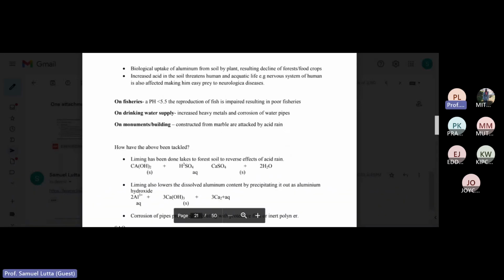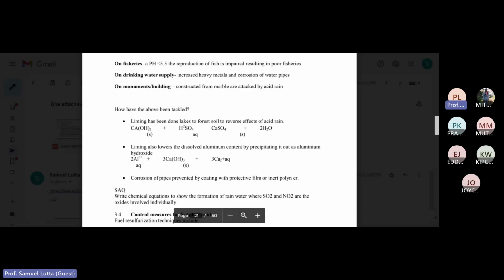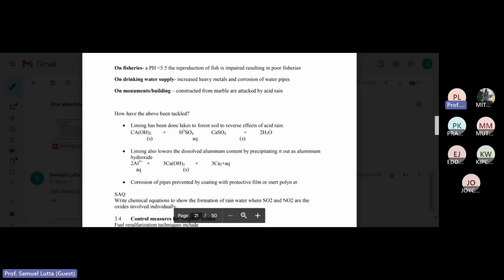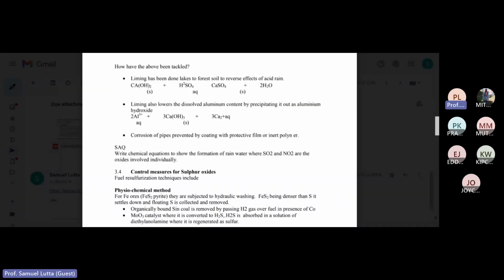And then we talked about the effect on fish and the effect on drinking water. When you take this in, it irritates and corrodes the gas pipe, and can even cause cancer. So what do we do to take care of acid rain? I remember we said we can use lime. One of the causes of acidity in water and soil is the use of inorganic fertilizers, which are very acidic.